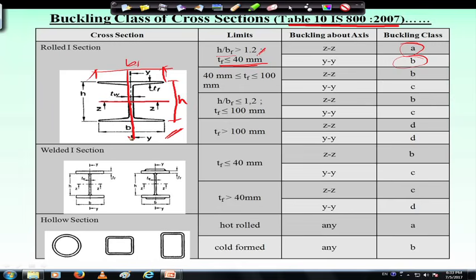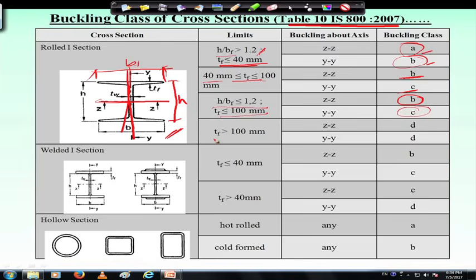So, along z z axis it is considered as buckling class A, along y y axis it is considered as buckling class B. So, for the same member the buckling class will be different, A and B, therefore the imperfection factor alpha will be different for different directions. And in case of I section, if the thickness of flange varies from 40 to 100, then about z z it will be B and about y y it will be C. Similarly, if h by B f is less than 1.2 and T f is less than or equal to 100, then the buckling class will be B about z z axis and C about y y axis.